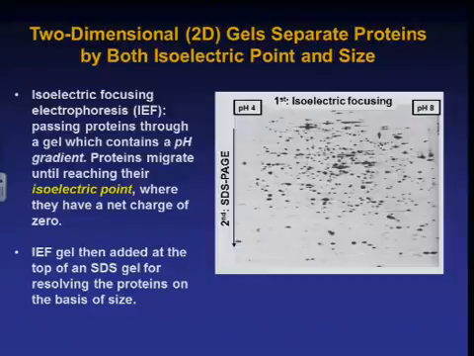But the important point here for isoelectric focusing is that there's a pH at which every protein has an overall net zero charge, where all of the acidic side chains that are dissociated are balanced by all of the basic side chains that are positively charged.